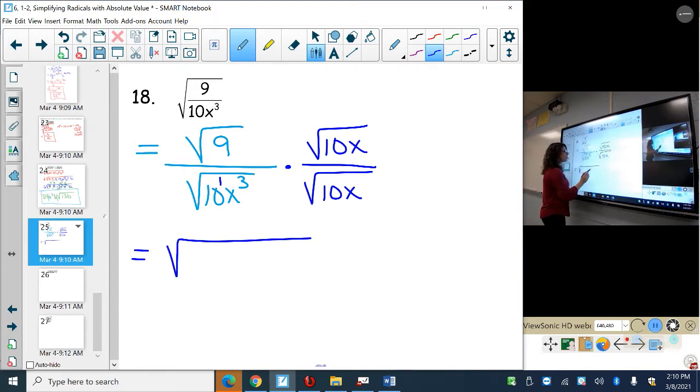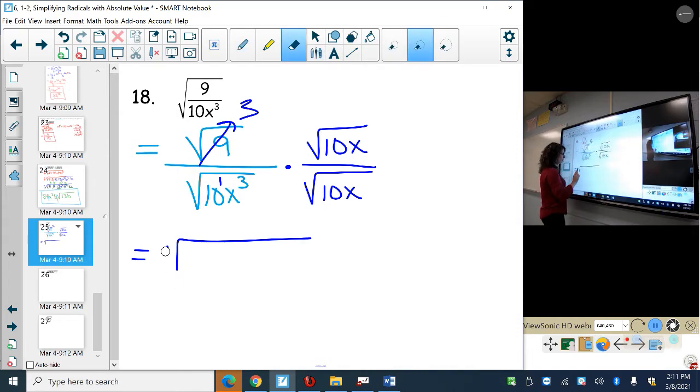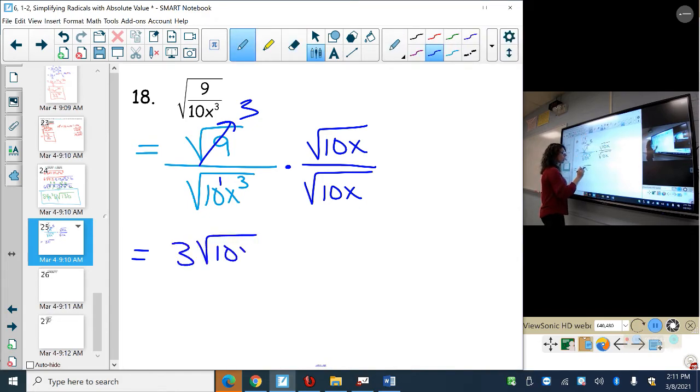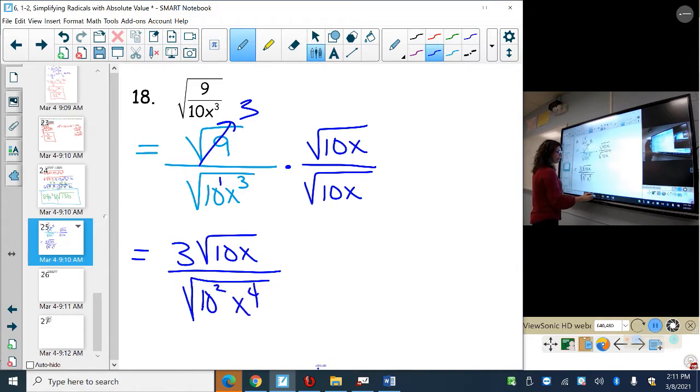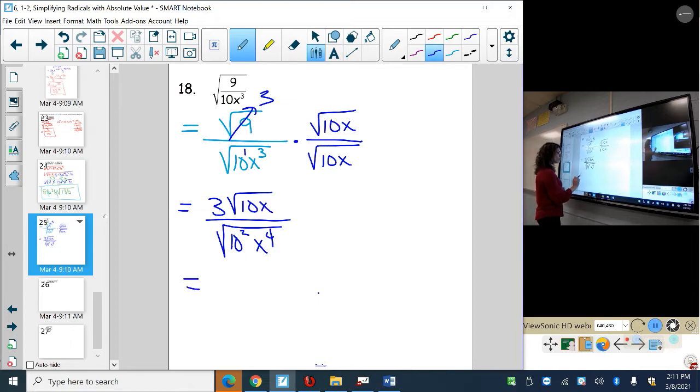This comes out as a 3. Three times the square root of 10x all over 10 squared x to the 4th. And now we're going to keep on going with that. So that's 3 times the square root of 10x.